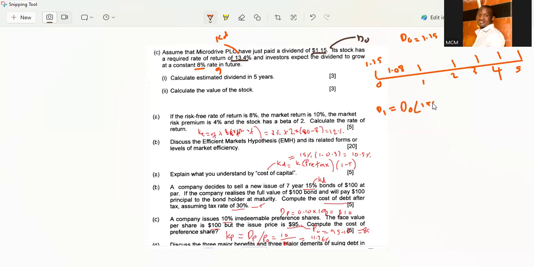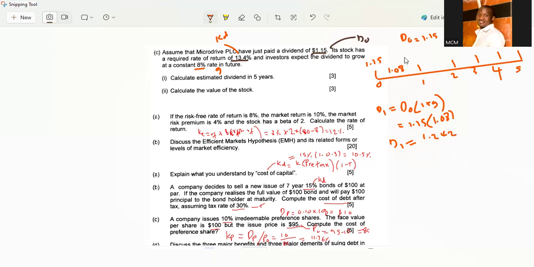It's D0 times 1 plus growth. So D0 is 1.15, times 1.08. That is the growth for dividend in year 1. So 1.15 times 1.08. Anyone, what are you getting? Here the dividend will be 1.242.